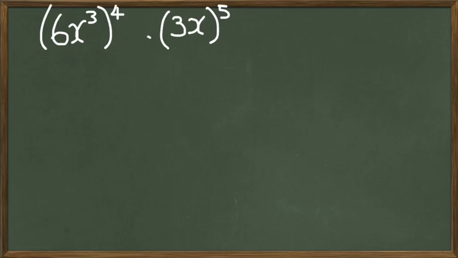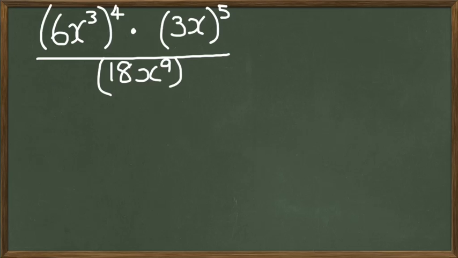Now I'm just going to replace this multiplied with a little dot. It's just another format of writing multiplication. And in the denominator, I'm going to have 18x to the power of 9, and let's say that's being raised to the power of 5.